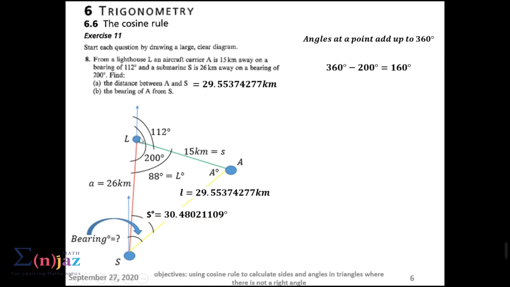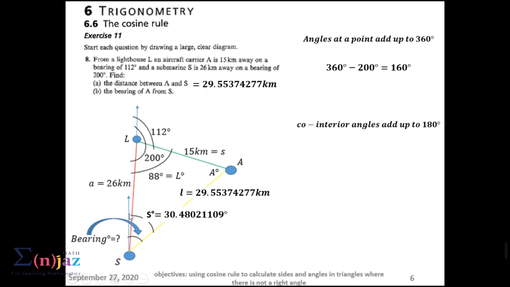So if you go to point L, like I explained before, and we want to find the angle from the north side, and you go counterclockwise until you hit the red side here, with the 200 they are angles at a point. So if we subtract the 200 from 360, we're going to find this angle here, which is going to be 160.